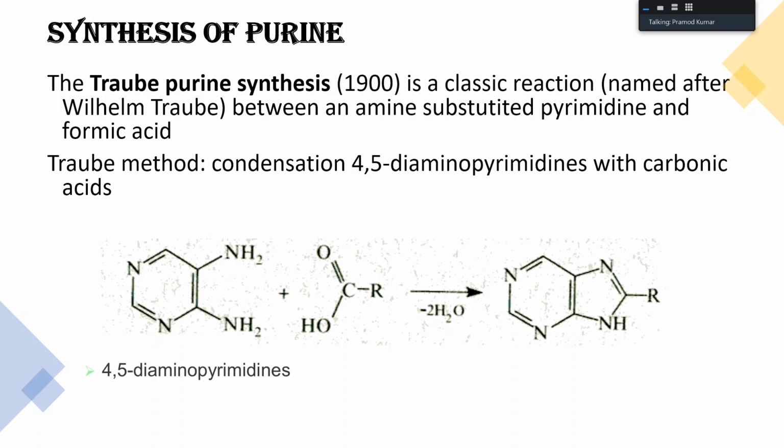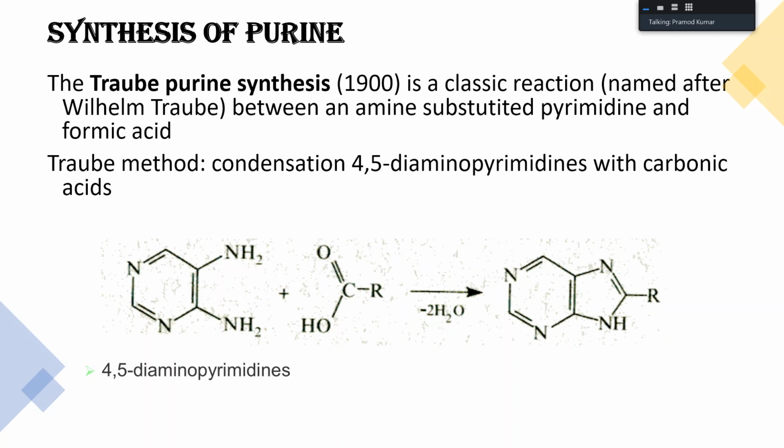That means if you see nitrogen 1, 2, 3, 4, 5. Why are we giving 4,5-diamino pyrimidine? Because the heteroatom should be given the first priority. Nitrogen 1, 2, 3, then 4th is amino, 5th is amino. Okay, that's why it is 4,5 as per the IUPAC name.